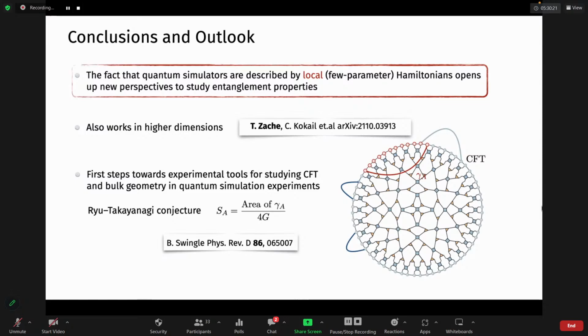What we do with these experiments, we prepare some entangled many-body state, and after that, we perform quantum projective measurements where we can measure each atom individually in its own separate basis.